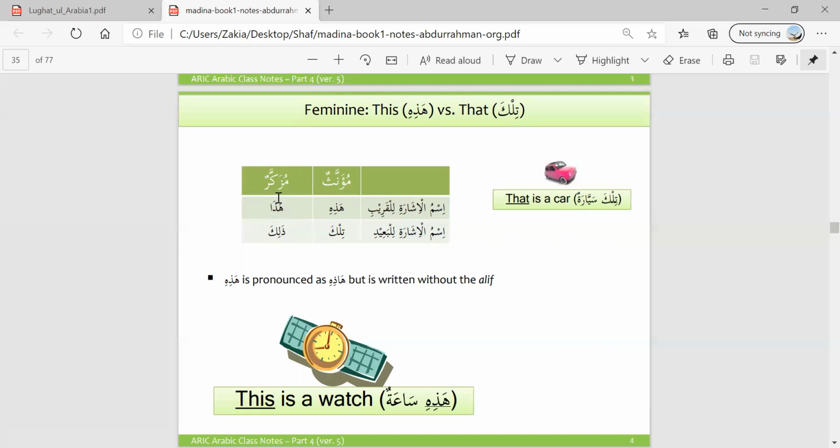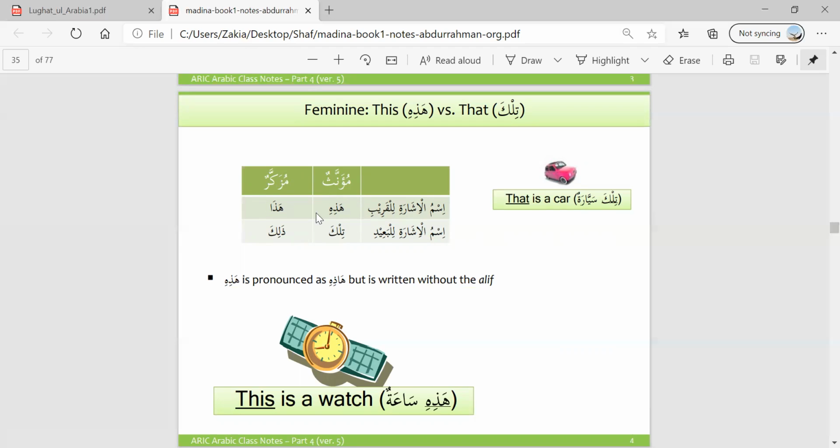Here you have, just as a reminder, mu'annath and mudhakkar, feminine and masculine. When you use a demonstrative noun for any feminine noun, you say hadhihi and tilka, this and that. For masculine, hadha, this, and dhalika, that. Ismu ishara lil qarib is for that which is close.